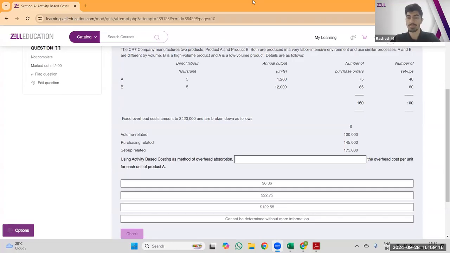Kirant, Nakshatra, that's correct. Azil, that's correct.